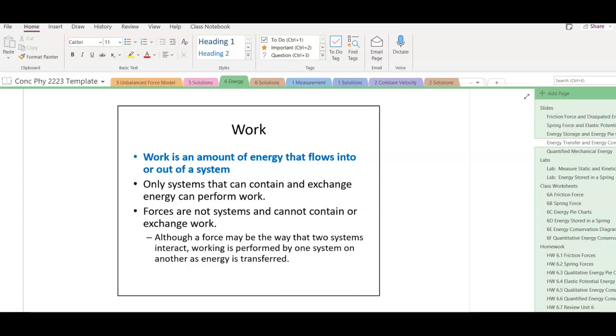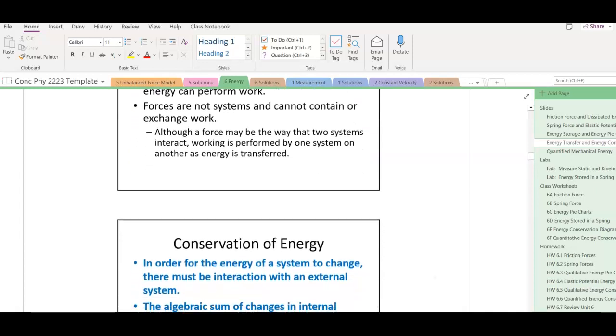And just to be careful in the way we're using our language, the force is the method of transferring energy, but forces themselves do not contain any energy, right? The energy has to belong to a physical object, but by that object either exerting a force or by receiving a force, the object's energy can change.